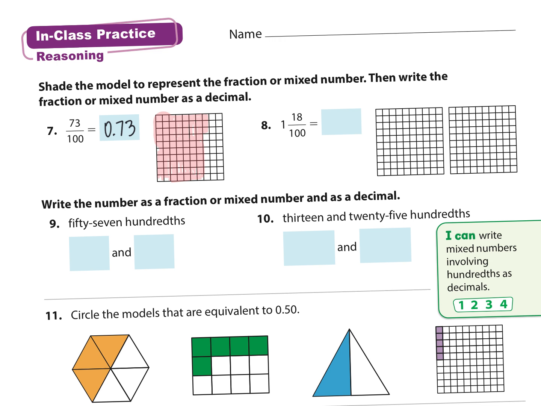All right, number 8. Try that one on your own. I know it's a mixed number, but I think you can do it. So write the decimal first and then shade.